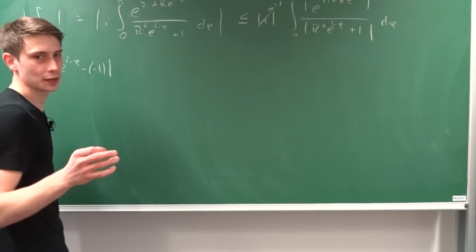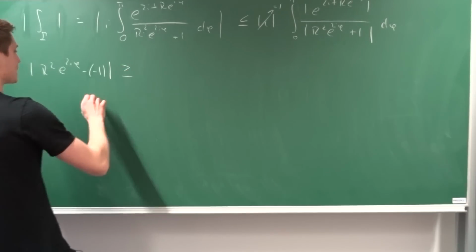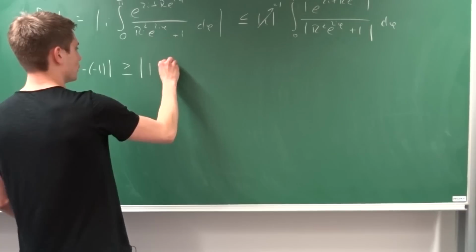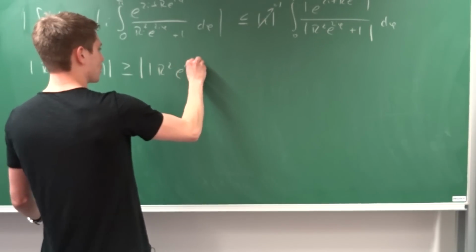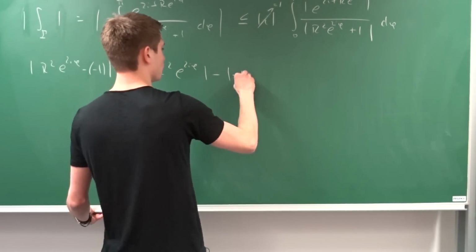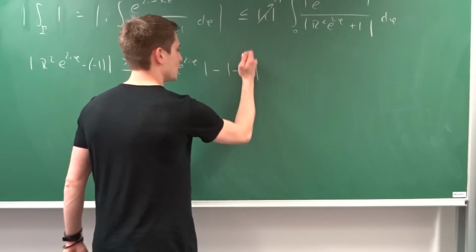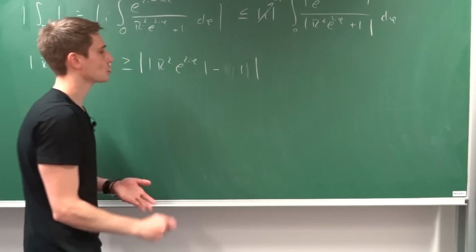And now we can use the reverse triangle inequality, which tells us that this is greater or equal to the absolute value of r squared e to the 2i phi minus the absolute value of minus 1. Okay, the absolute value of minus 1 is just going to be a 1. So that's nice.